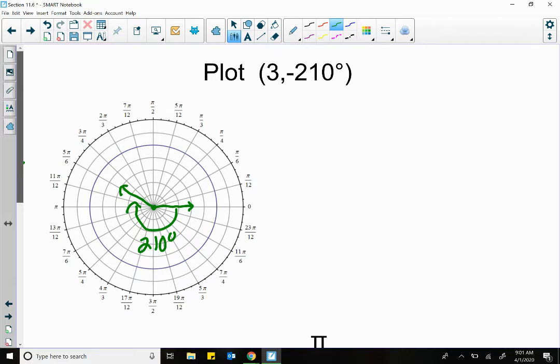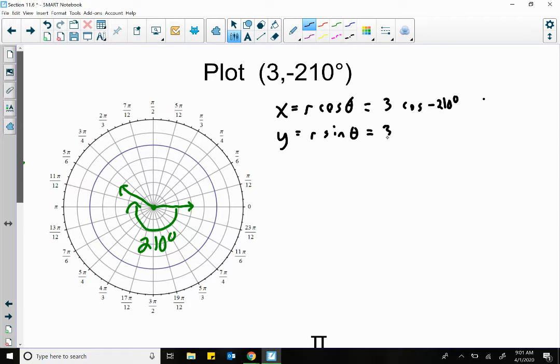Okay? So if we turn this into rectangular, well, x is going to equal r cosine theta. Y equals r sine theta. So if we plug in, r is 3, cosine negative 210 degrees.